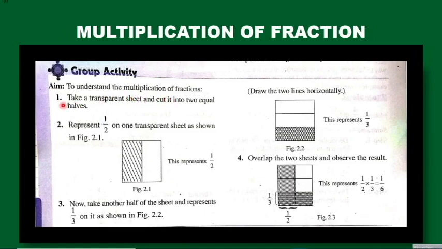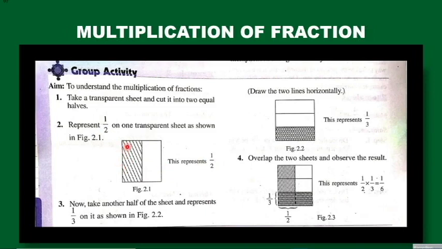First, take a transparent sheet. Only one transparent sheet. If you have a transparent sheet, that is good. Otherwise you can take any kind of sheet and cut it into 2 equal halves. One piece you represent like this, which is equal to 1 by 2.